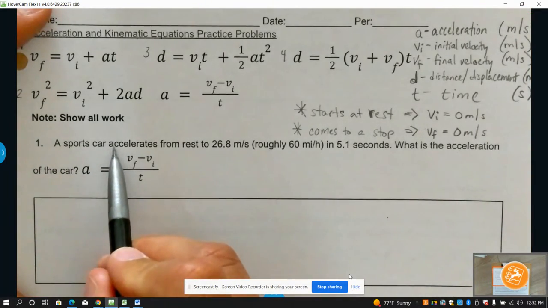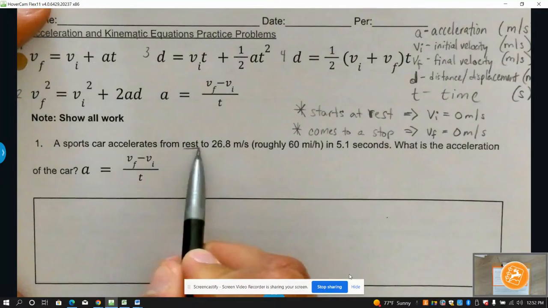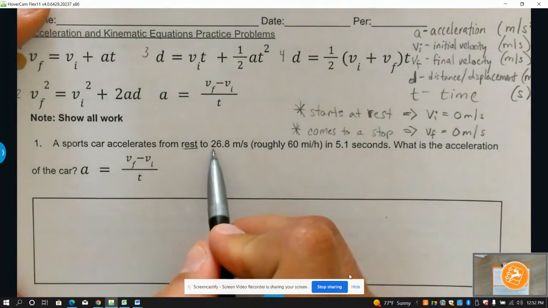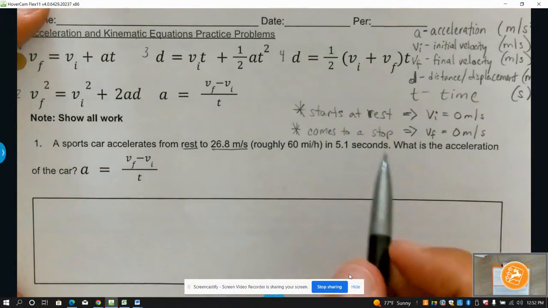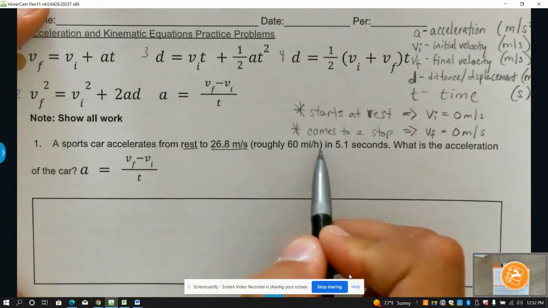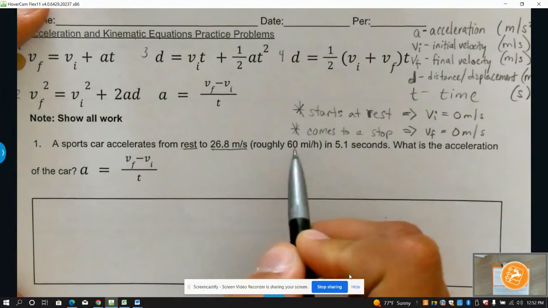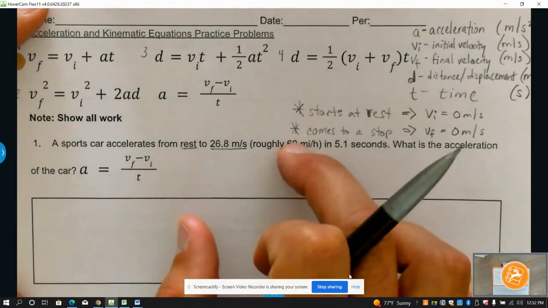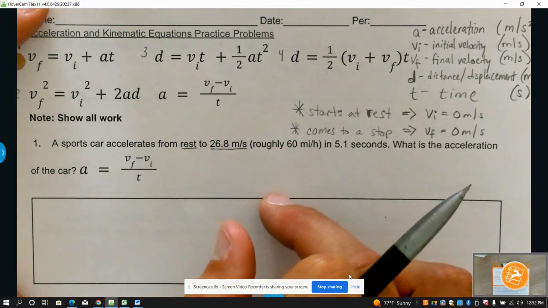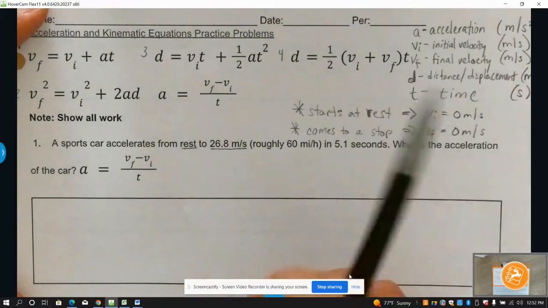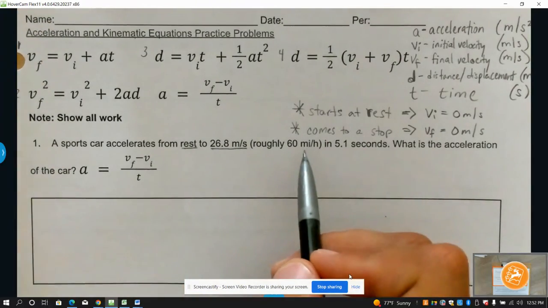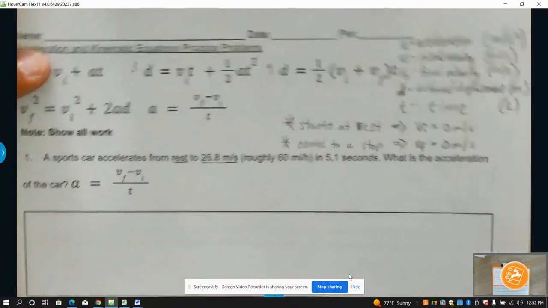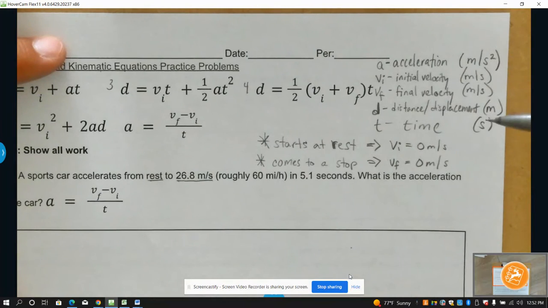Here it's telling us a sports car accelerates from rest to 26.8 meters per second, roughly 60 miles an hour. Now, is this right here in parentheses, is that going to be pertinent to us? Like, is that going to be important? Do you think? It could be, but we want everything in what units again?